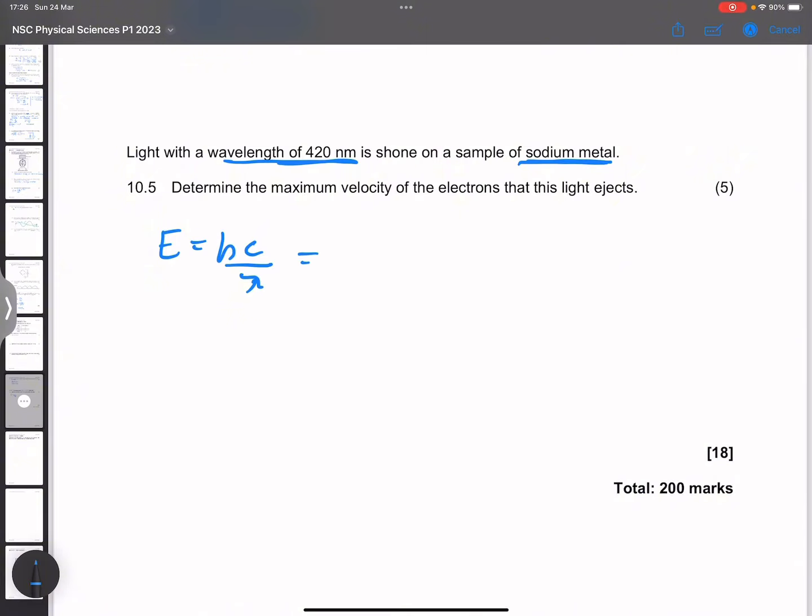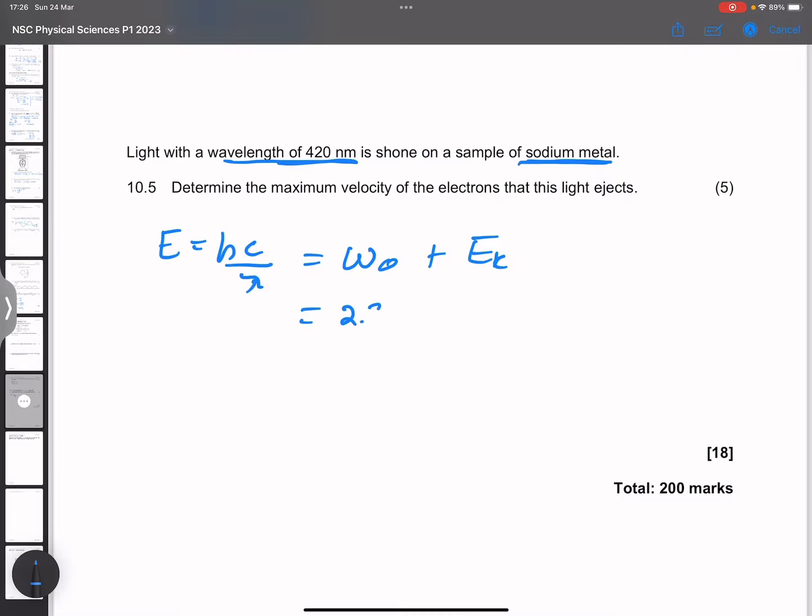So in this case, we know E is equal to omega 0 plus Ek. For sodium, we saw that the electron volts were 2.3. So how do I convert it now to joules?